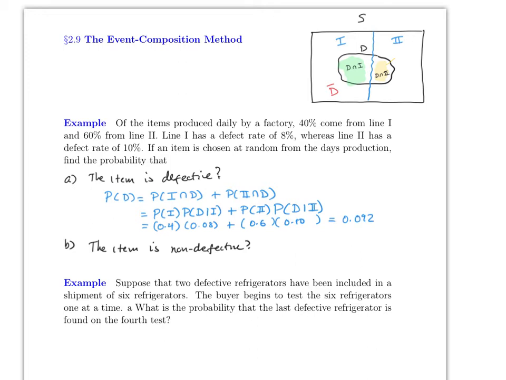But the easiest way is to just use the complement. So the probability that it will be non-defective will be 1 minus the probability that it is defective, which you already found, and this is equal to 0.908. You should convince yourselves that you can do exactly this again, just changing D for the complement, multiplying, and you should get exactly this. So you should verify this by yourselves.